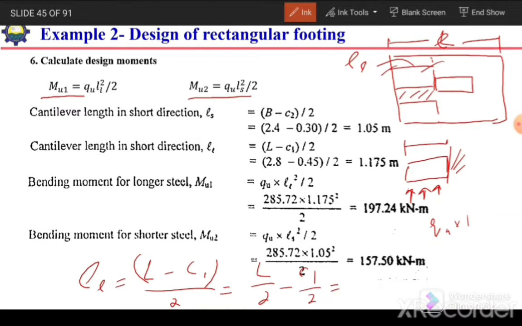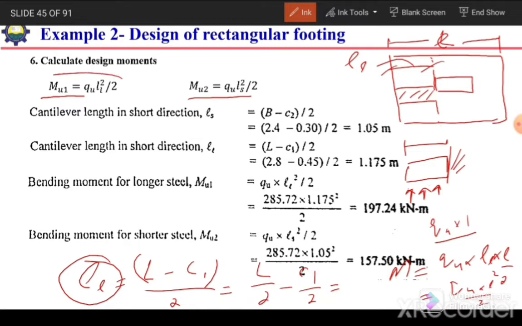From here we can calculate the span in the longer direction. Once we have the span in the longer direction and the load on this cantilever span, which is equal to QU into 1, we can calculate the bending moment. So M is equal to QU into span LL into LL by 2. So it will give us QU into LL squared divided by 2, which is written over here.